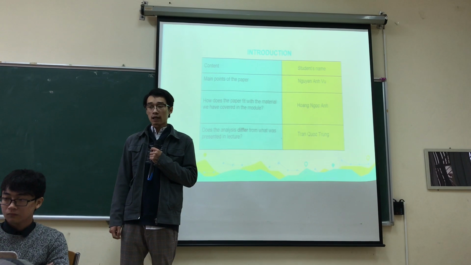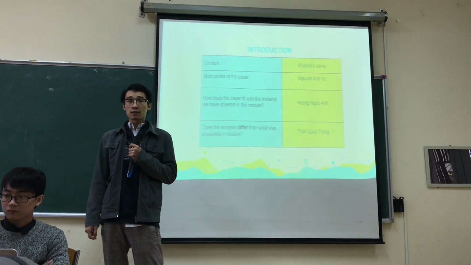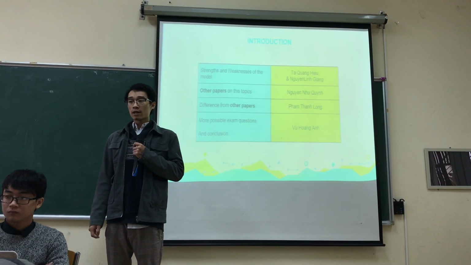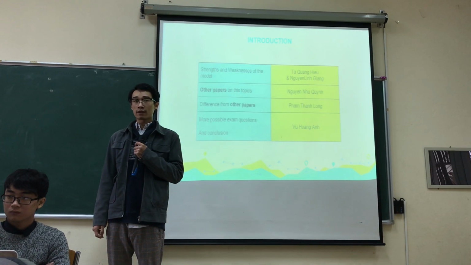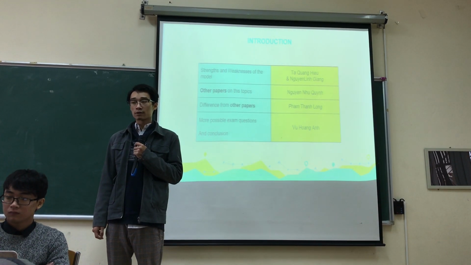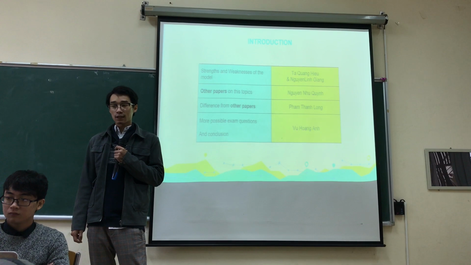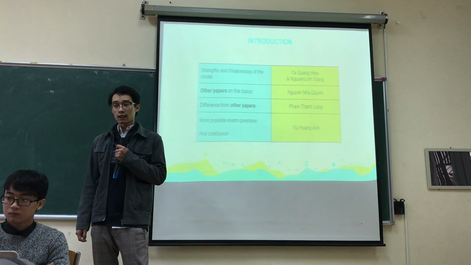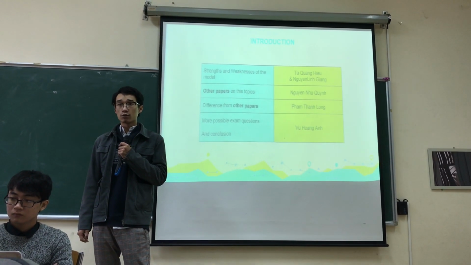He's going to talk about how the analysis differs from what was presented in the lecture. Furthermore, Tak Bong Hill and Nguyen Linh Giang are going to talk about the strengths and weaknesses of the models, and other people's work on this topic, and Long is going to talk about the difference from other papers. And Bang is going to talk about the possible exam question and the conclusion.